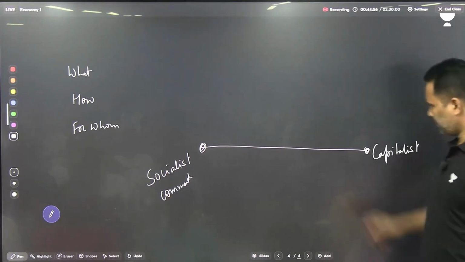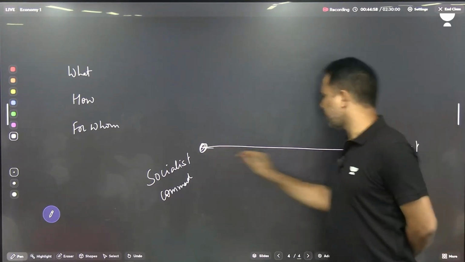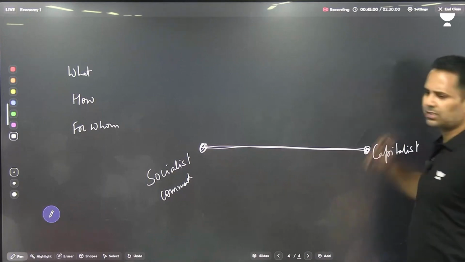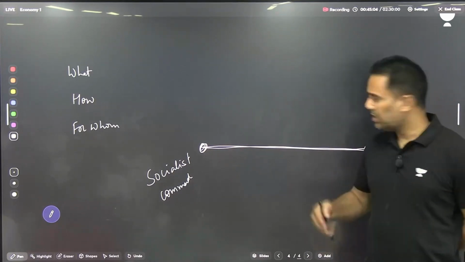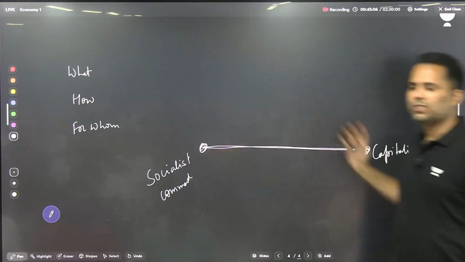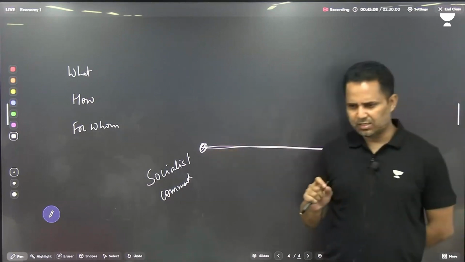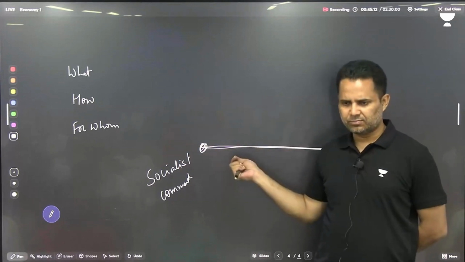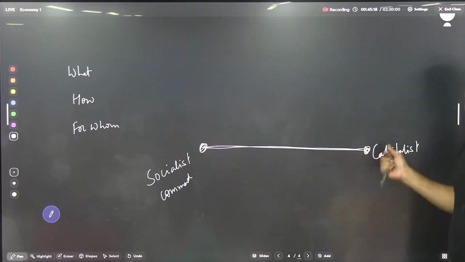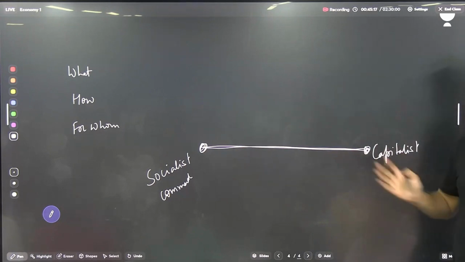So basically, there are two types of economies, socialist or capitalist. But none of the countries in this world are either completely socialist or completely capitalist. You cannot find a country where all these things are decided by the government, or all by the capitalists. For example, the US is more of a capitalist kind of economy.